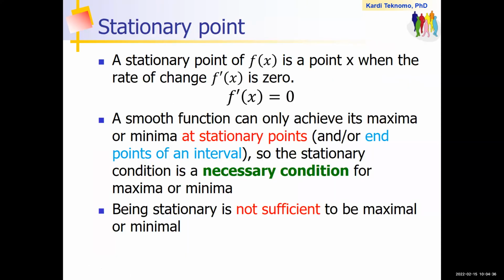Now, as a review, a point is called a stationary point if the first derivative is zero. From the stationary point, you can check whether this is a maxima or minima.